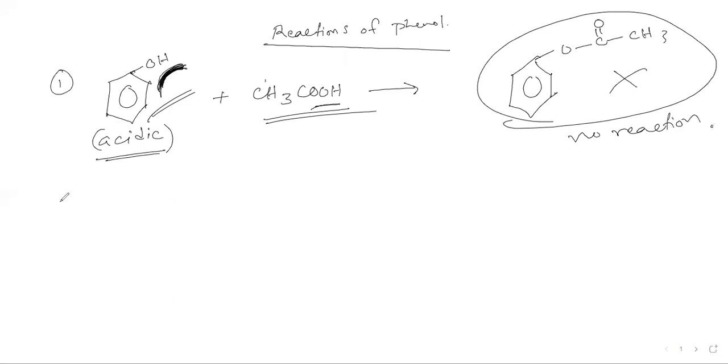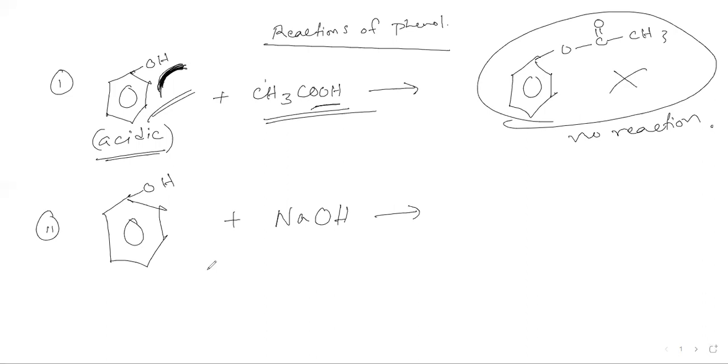Now the second reaction I want to talk about. Let's say this is the phenol again, and now I have provided NaOH, sodium hydroxide, instead of carboxylic acid. Try to guess what could be formed. Same concept: this is acidic, so it doesn't react as an alcohol. This is the base, the alkali.